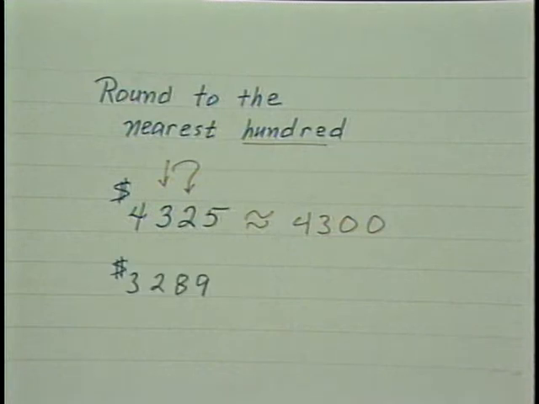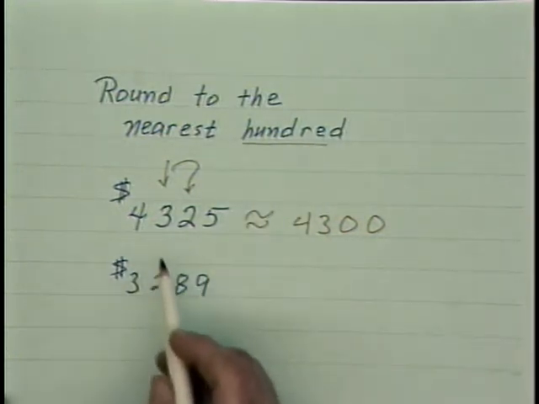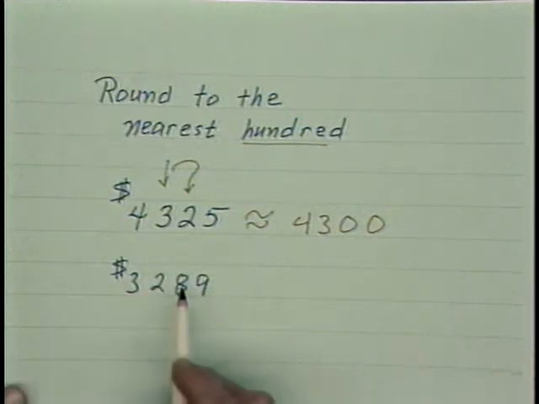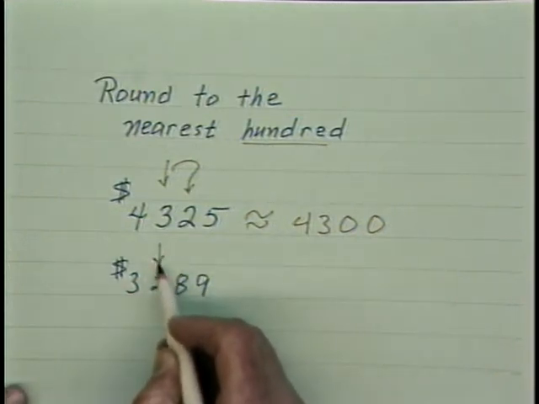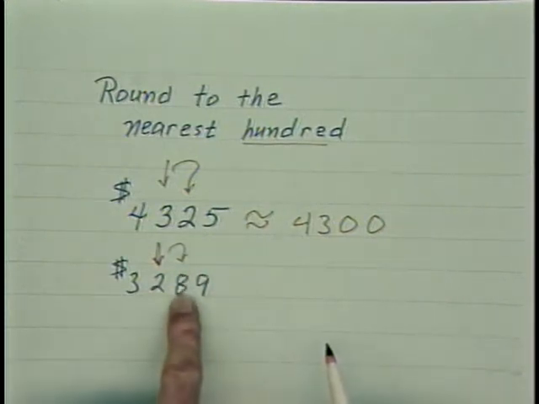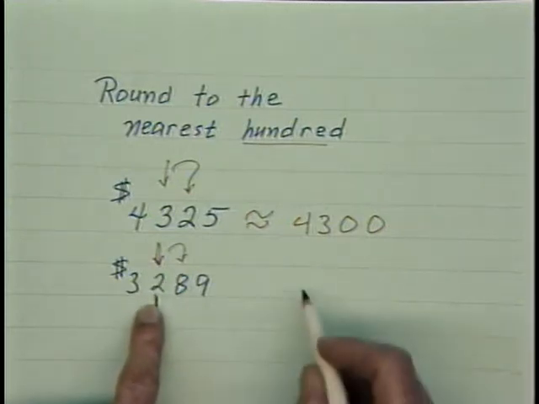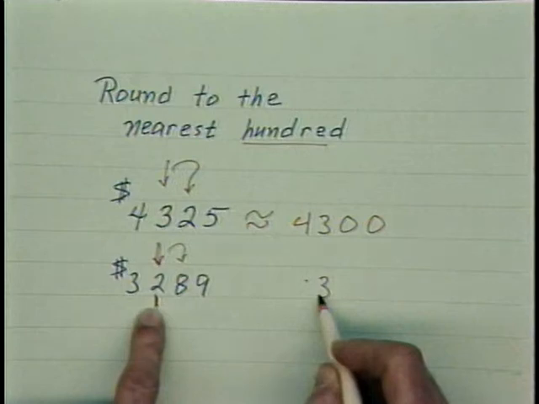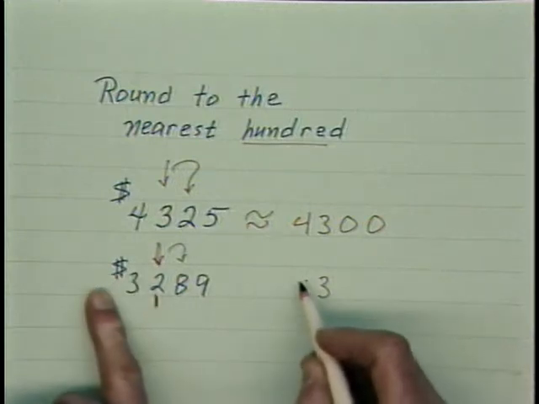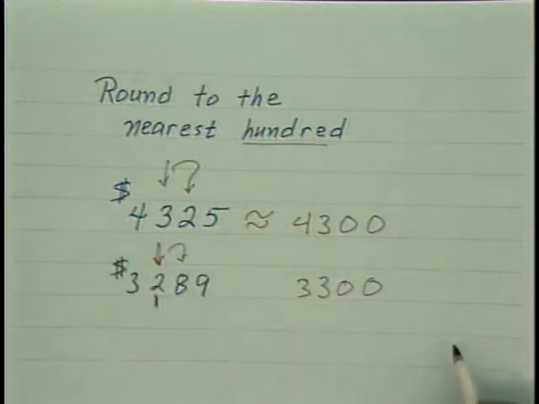Another car might be priced at $3,289. And if we wish to round that to the nearest hundred, again we find the hundreds position: units, tens, hundreds. Look at the one just before it. It is 5 or more, so we'll add 1 to this digit, making it 3, leaving the ones in front of it alone, and the ones behind it we again replace by 0.